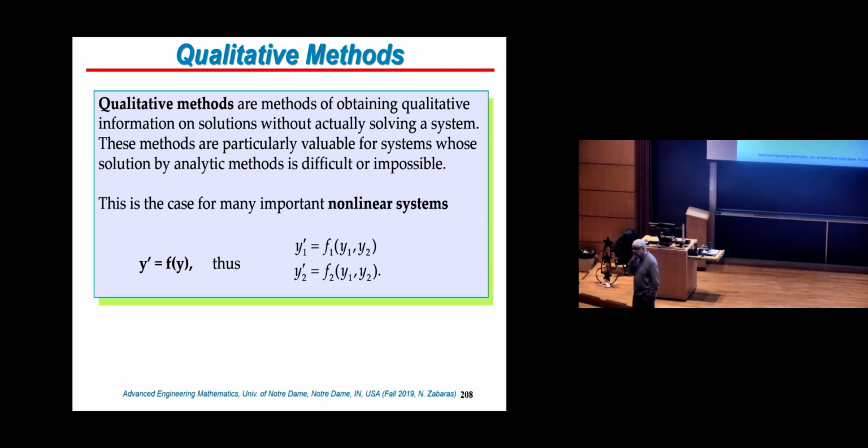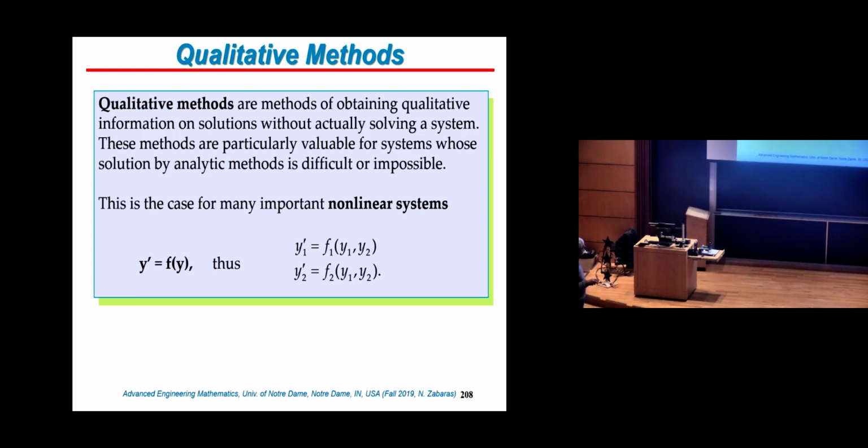If I expand around a critical point, why is there not going to be a constant term? What's the definition of a critical point? Say it again. F at that point is 0. So obviously, if I expand f of y around y0, f of y0 is equal to 0. Isn't that the definition of a critical point, y prime equal to 0, yes?